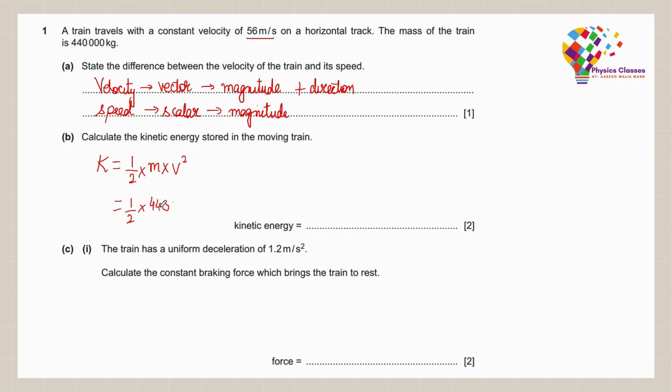So 440,000 kg times 56 square. This is the calculation that we are doing over here, and it simply comes out to be 6.9 into 10 to the power 8 joules.